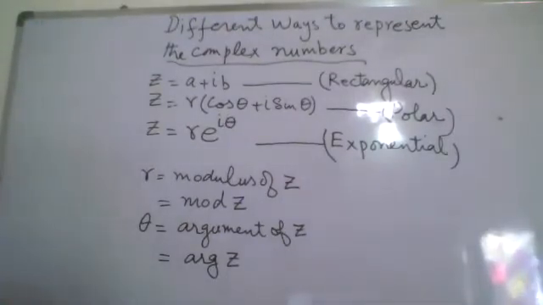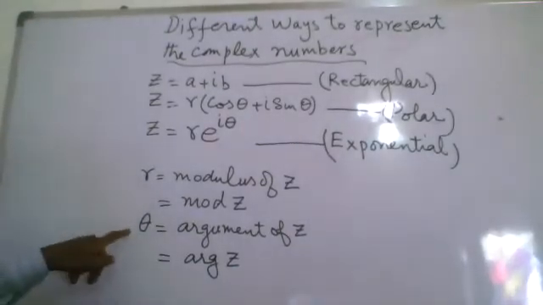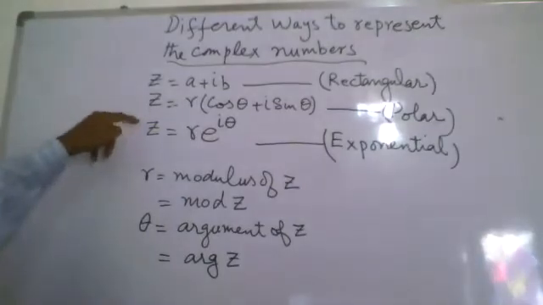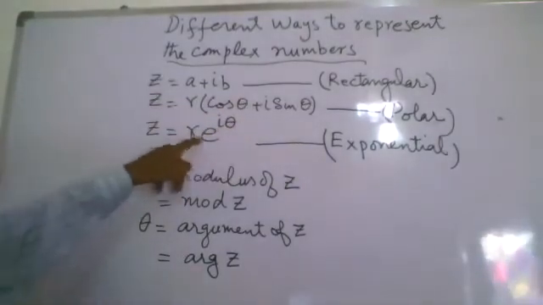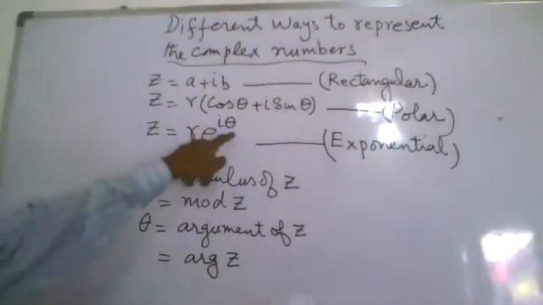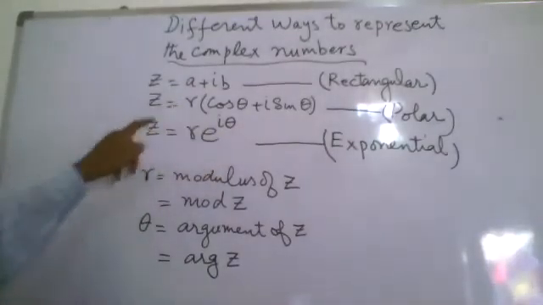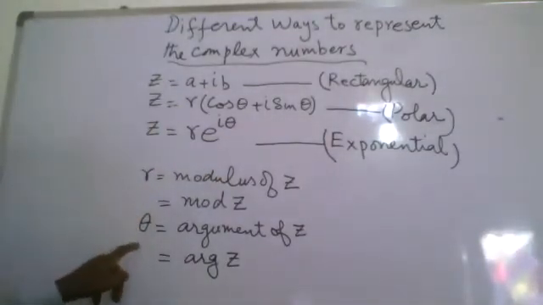So these are the two things in z in the polar form: r is the mod z and theta is the arg z, the argument of z.